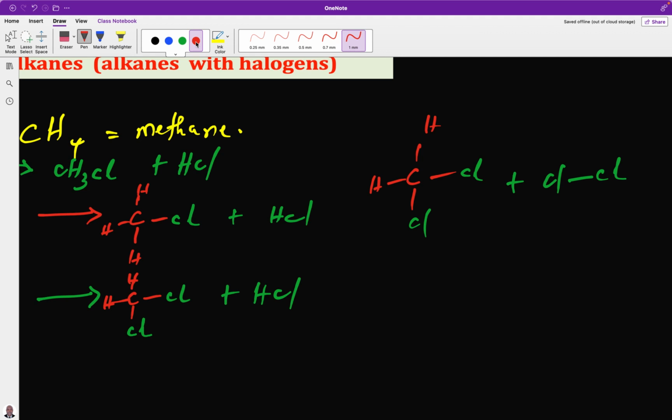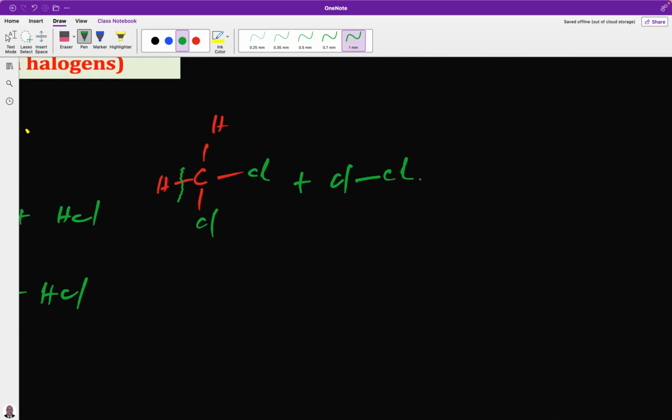As I said, it is a continuous process. This hydrogen is being substituted. And what will be the product?